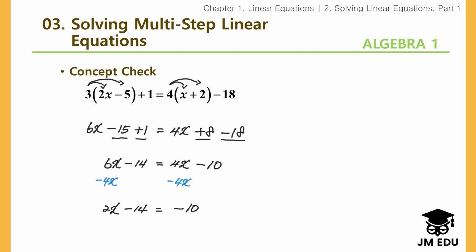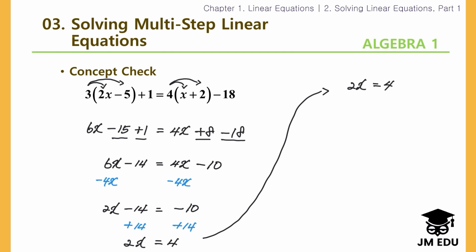The next step, I'm going to eliminate this minus 14 by adding 14 to each side. So plus 14, plus 14 gives us 2x is equal to minus 10 plus 14, that's plus 4, right? So right over here we have 2x is equal to 4.